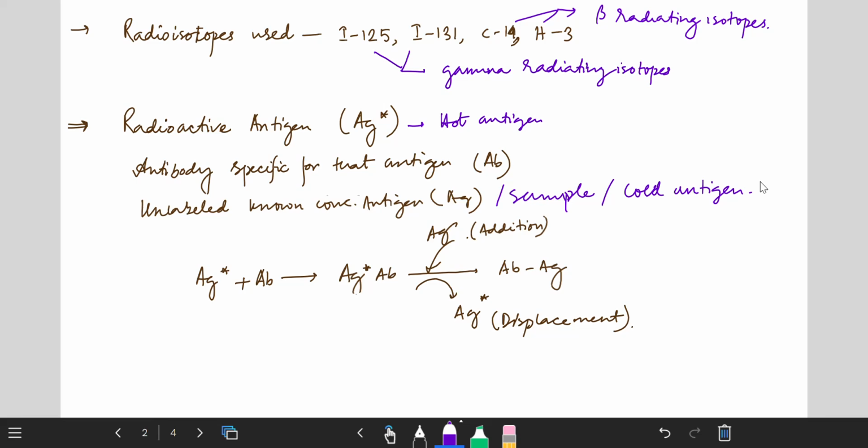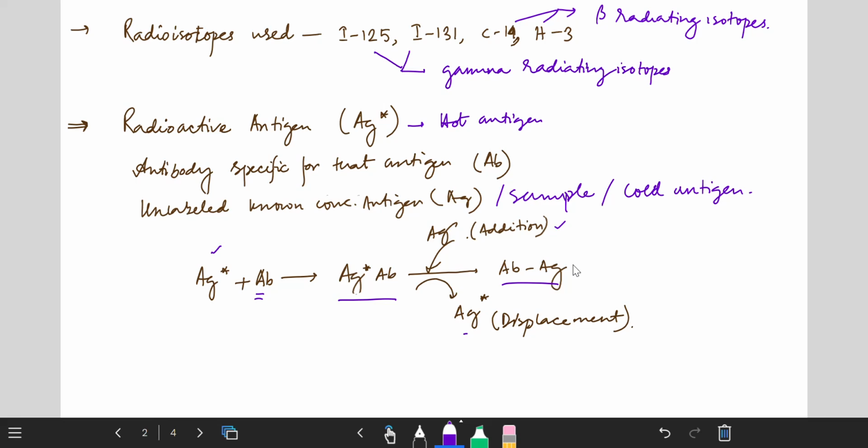When there is an antigen-antibody reaction, it will look like this. This is labeled antigen. When bound with antibody, it forms this kind of complex. After addition of the sample, when we increase the amount of sample concentration, there will be a replacement of labeled antigen. There will be a complex formation of antigen-antibody. So this kind of reaction will take place.